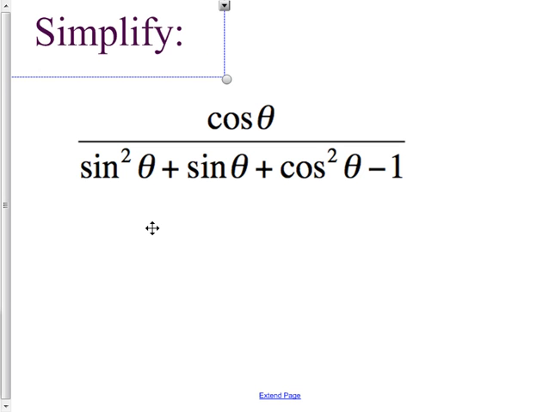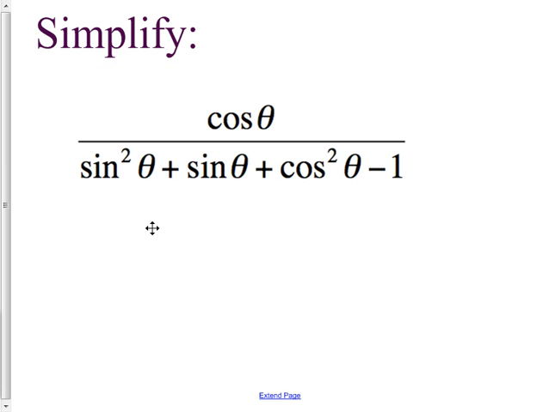Now we're not proving, we're back to simplifying. Everyone try to simplify.